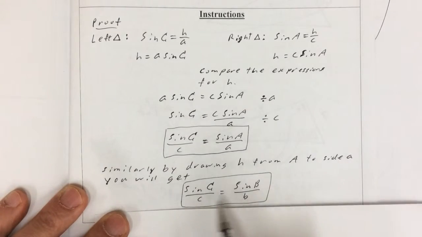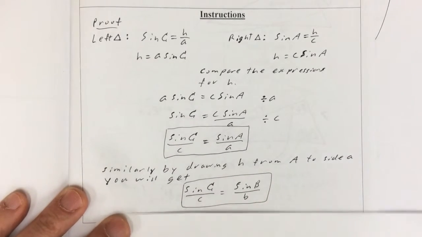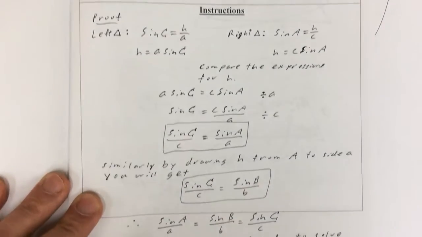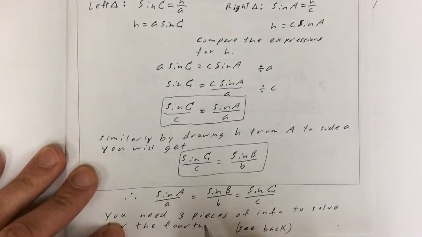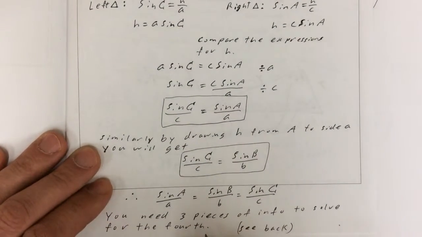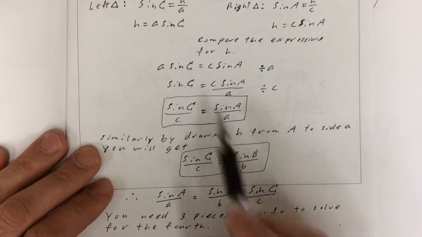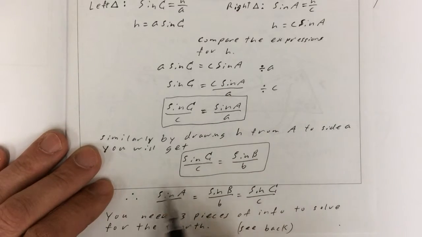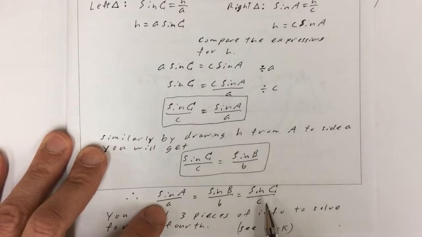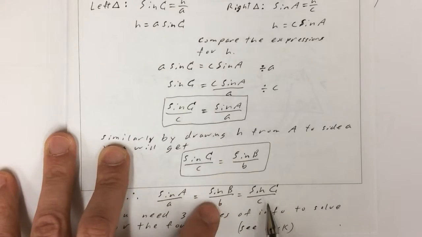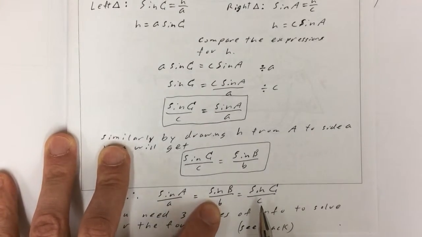Once you get that other relationship, you end up with what's called the sine law. In the sine law, you're only going to use two pieces at a time. So this is the law that relates them all. It shows you everything. But if you only need the outside two, that's okay, or these two, that's okay, or these two. You have to take a pair of them to use.